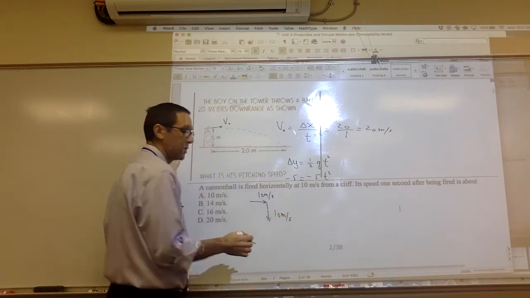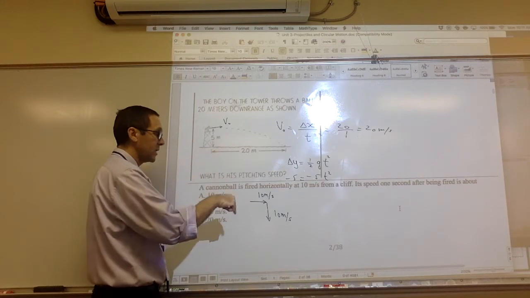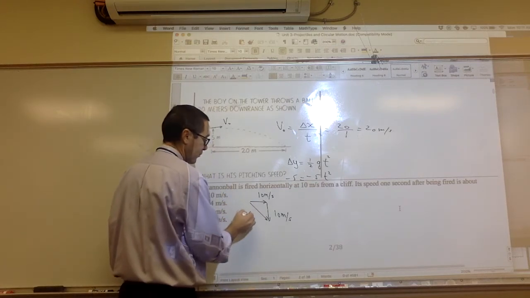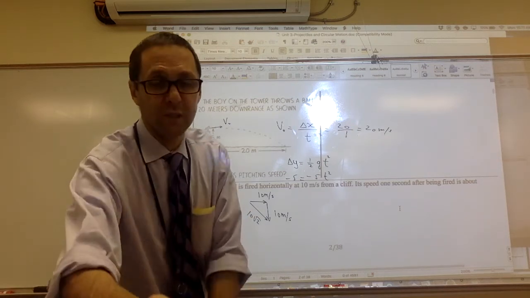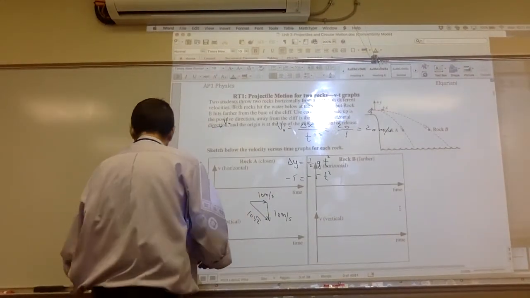So in terms of magnitude, it's going 10 meters per second horizontally and 10 meters per second vertically. You want to find this resultant here, which is 10 radical 2, which turns out to be about 14 meters per second. All right, the next page.